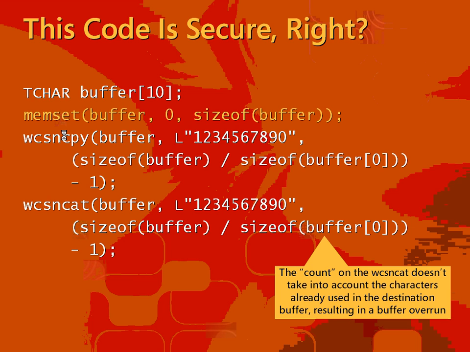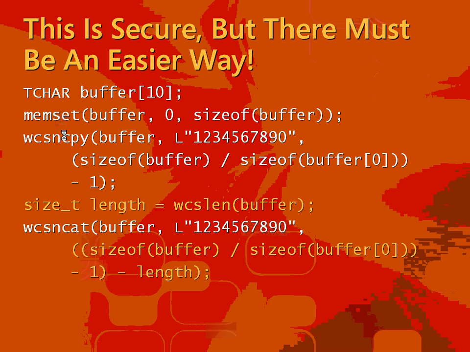So we want to adjust that to keep track of the size of the buffer when we make the call in, and finally, when we do the concatenation, we want to be sure that we only concatenate the number of bytes we could possibly copy forward. This is code that I believe to be secure, although it is possible there might be another case we haven't considered here. But as you can imagine, writing this code and debugging it could be a huge challenge.